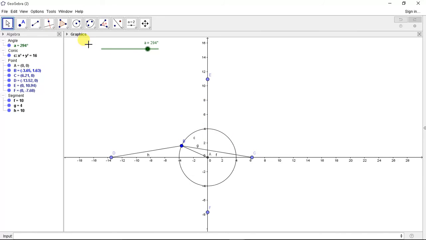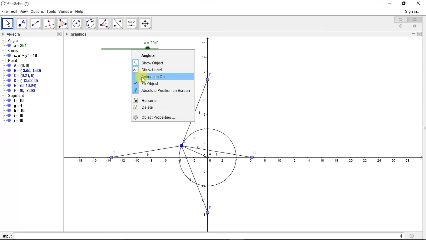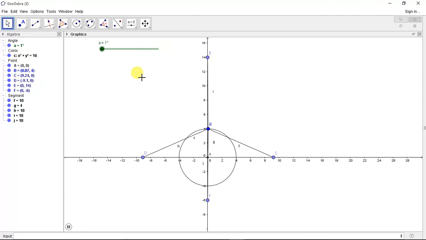Apply. Okay, so connecting all these points, we get this view.